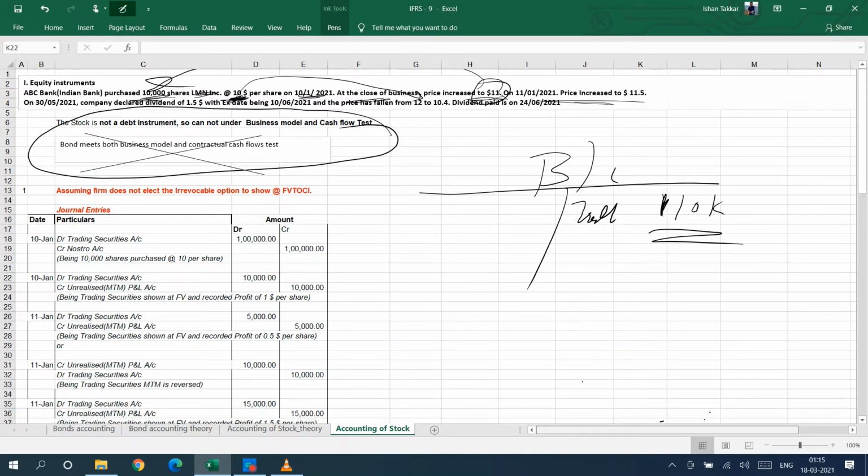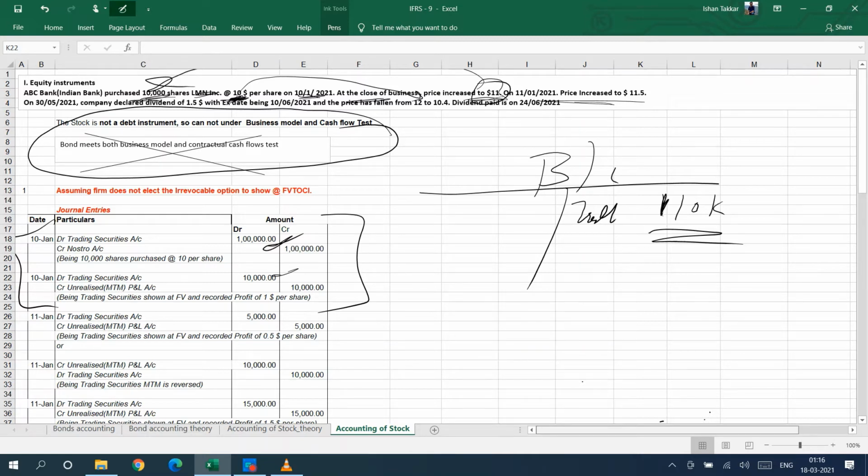The 100K is what you paid, and the 10K is your profit. So 100 plus 10: this is what you paid, and this is your profit. By these two entries, I hope it's clear.